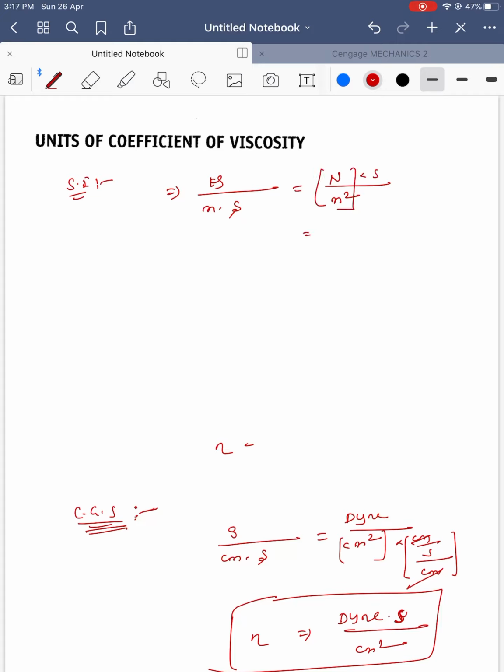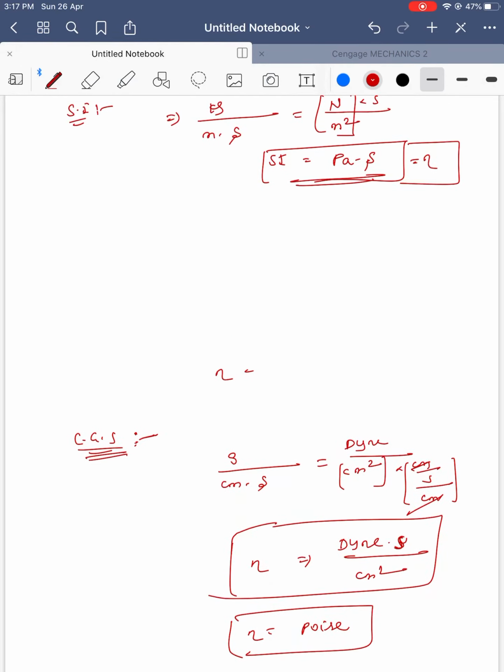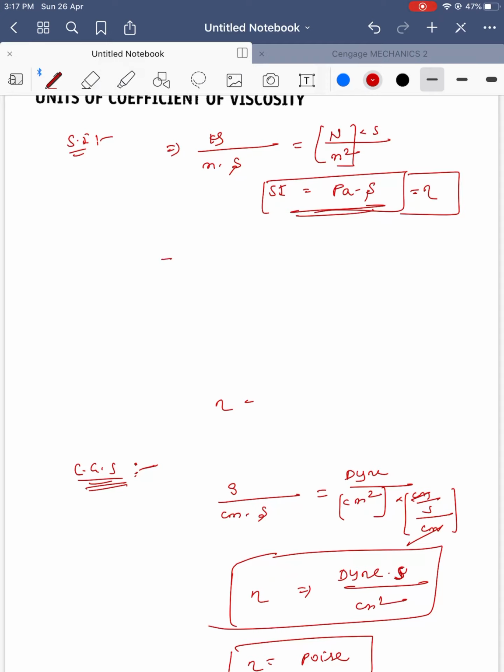Newton by meter square in SI is Pascal. Pascal second is the SI unit of nu, the coefficient of viscosity. Now can we get the relation between SI and CGS units? 1 poise is equal to, simplifying, kg into grams, 1000 gram by meter second. This is also equal to Pascal second.